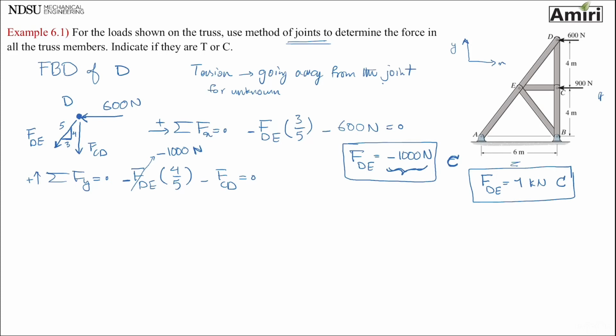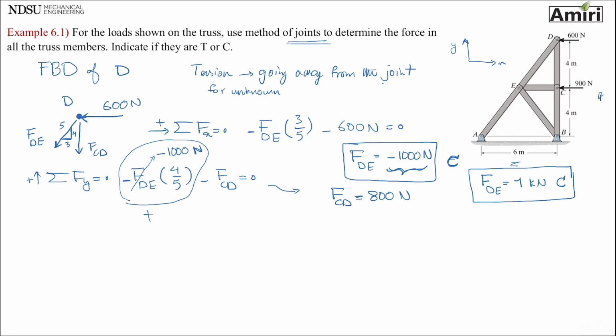now we know that this force was actually pointing the other way. So it's like it's a positive value. And if you look at this whole thing is going to be positive, which makes sense. Okay? And this will result in FCD of being 800 newtons. I drew this force in tension.